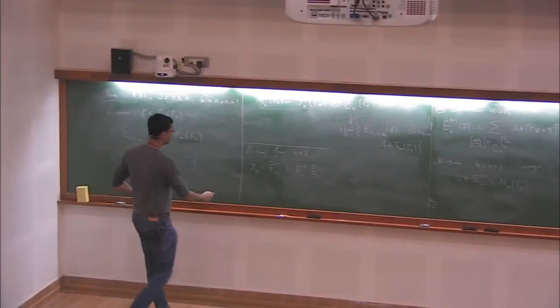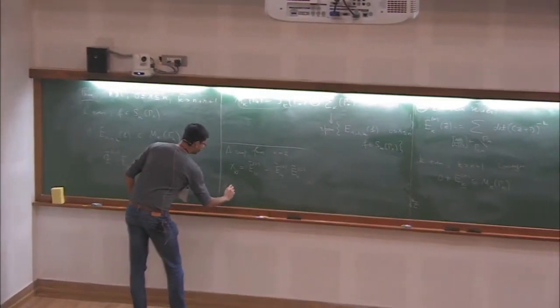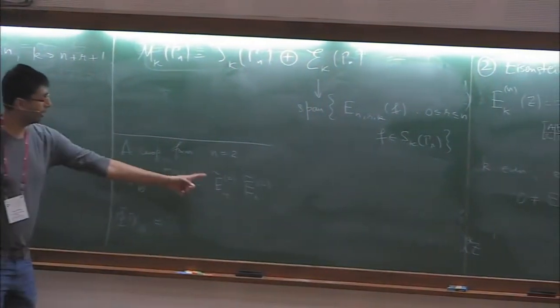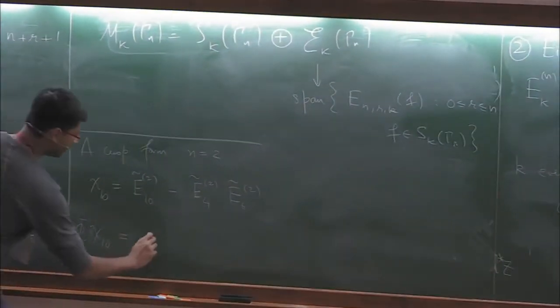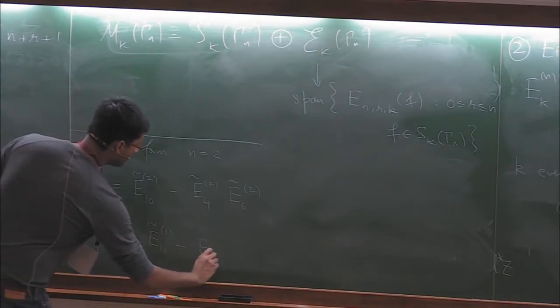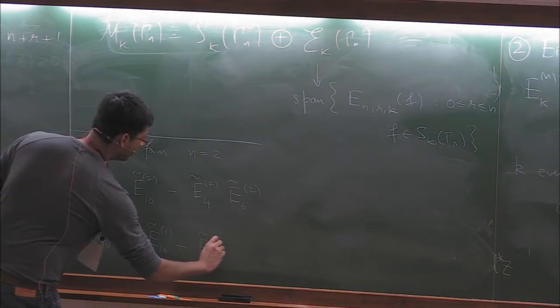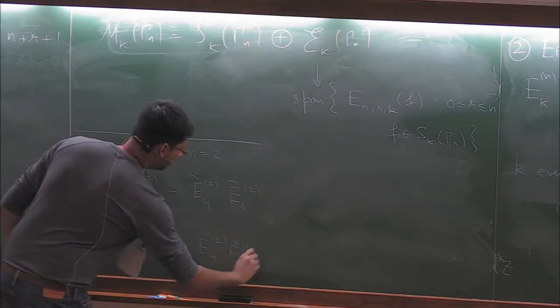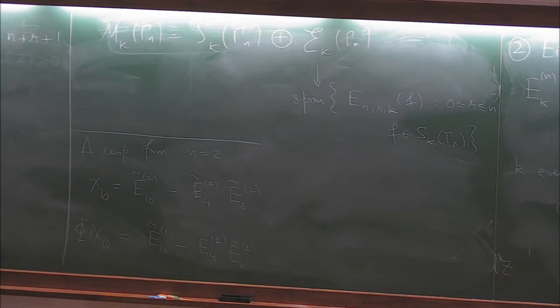And now if I apply the phi operator to it, then the phi operator goes through and I actually get E10 tilde minus E4 tilde and E6 tilde. So the Siegel operator takes the Eisenstein series of genus n to the Eisenstein series of genus n minus 1.